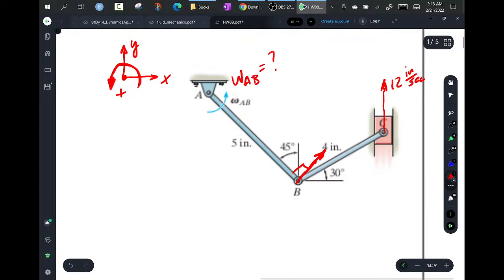Then the key is, if we erase this link from our memory and we have a link B and C, so if we're only focused on this link now, then its instant center would be this. Draw a line perpendicular to the velocity direction that we know of, and then draw a line perpendicular. This doesn't look exactly 90 degrees. Oops.